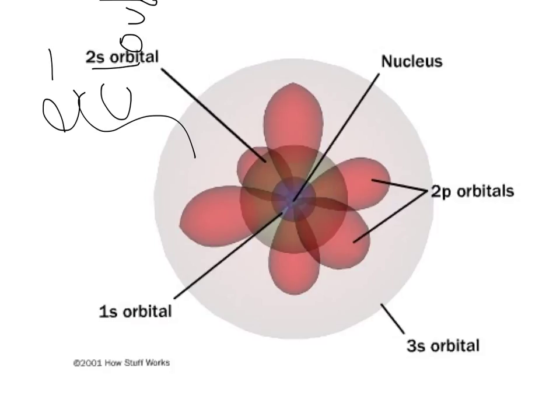Notice still the nucleus is a small part right in the center. It's still small, dense, and positive. But the electrons are still taking up the majority of the space, so it's not changing what we learned from the Bohr model, it's just improving its definition.